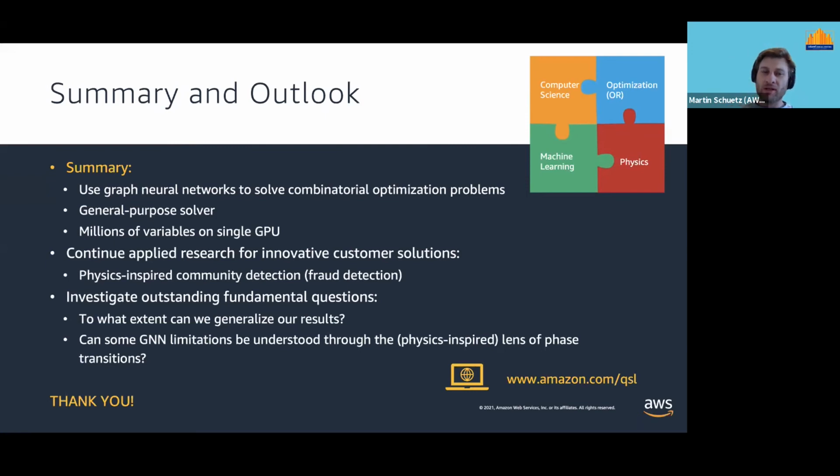And so if you log into Amazon Braket, you can spin up with a few clicks your own notebooks. We have tutorials on how to get started with quantum computing, and then we give you access to the current state of the art of quantum computing. So right now, we have three quantum computers available, and these are three different hardware paradigms.